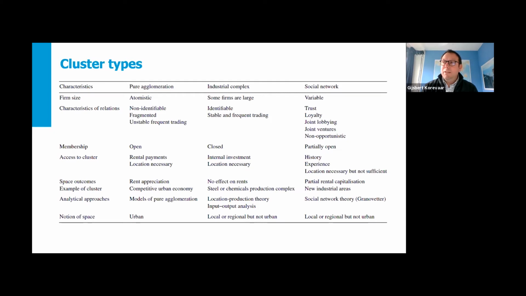That is a pure agglomeration, and the companies in that district might not have much interaction, but are simply there because of planning issues. There's also the industrial complex, and I think most of the companies involved in a project like Zero Brine, or also the example that is presented later by Evides, are more part of an industrial complex, and there is quite some interaction between the companies.